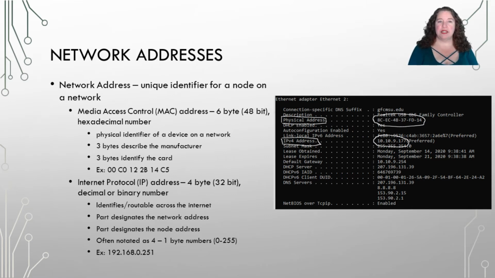The cool thing about MAC addresses is that they break it up into 3 bytes that describe the manufacturer and 3 bytes that identify the card itself. So you are able to physically look at the MAC address and know who made it, which is kind of a nice thing. So we use 3 bytes for one, 3 bytes for the other. They're always split like this.